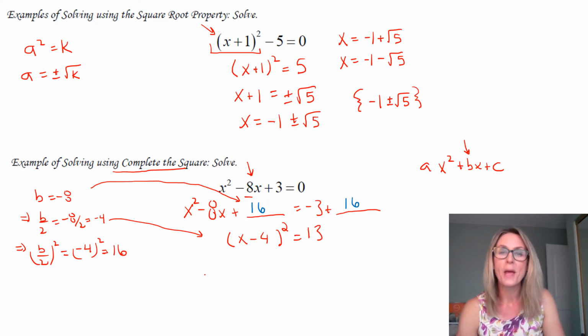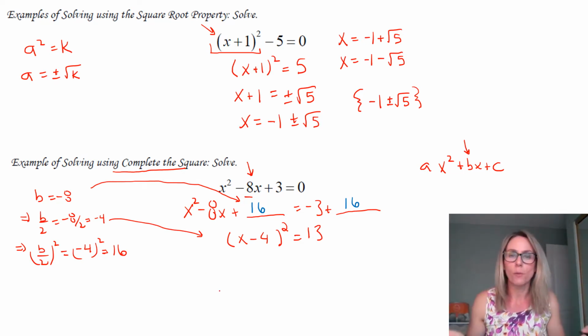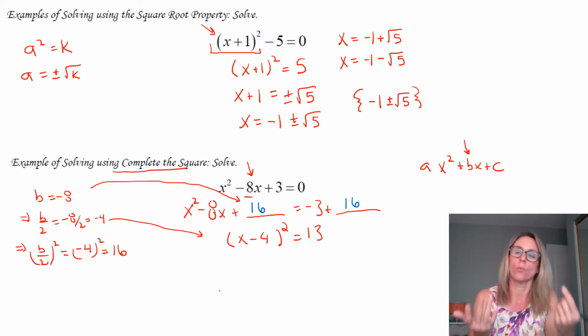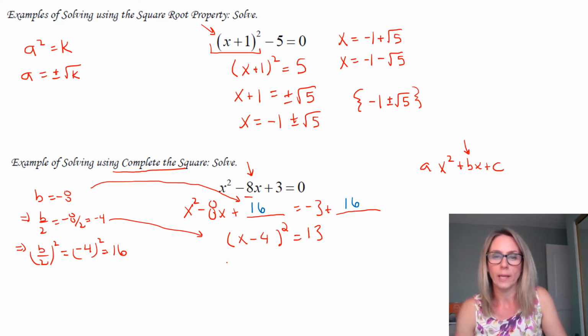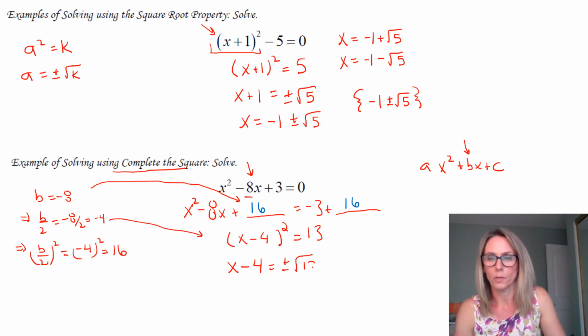Nothing too exciting there. But now, take a look, it looks like what we had above. It's just this one more step we had to do, but now we have this perfect square on the left-hand side and a number on the right side, so we can use the square root property. We can take the square root of both sides, and we're going to have plus or minus the square root of 13.